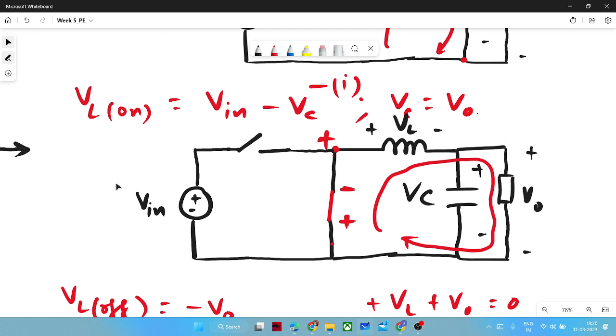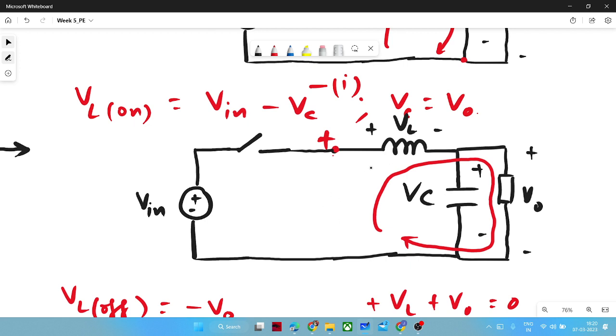You are saying that the diode is not turned on till this point? If you want to turn on the diode, then the voltage reversal should take place. Let's assume that both diode and switch are off.